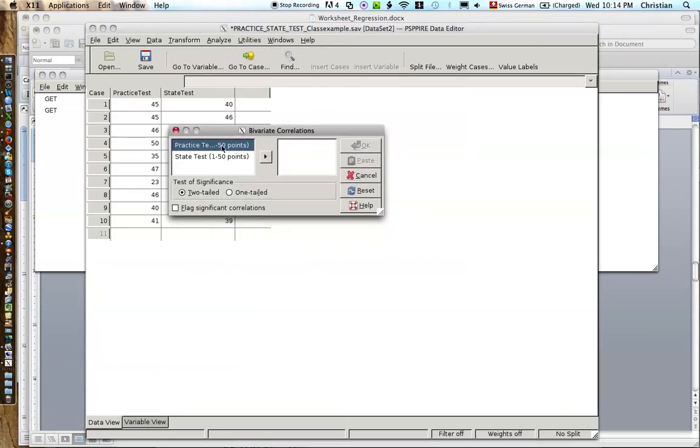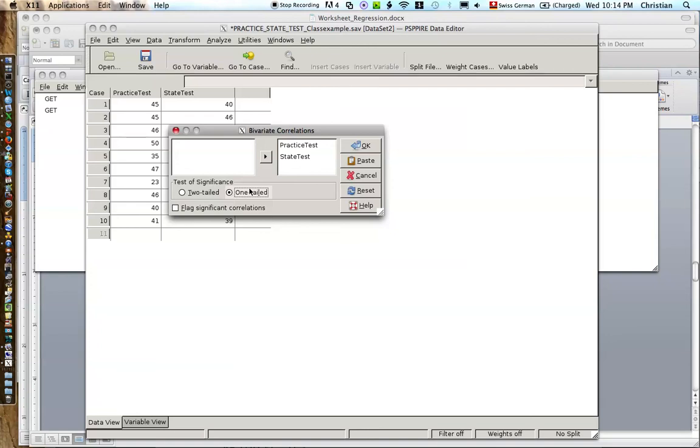and we choose practice test and state test. Here you can choose if you want to do a two-tailed or a one-tailed test of significance. So if you think there's a positive correlation or if you think there's a negative correlation, then you can do a one-tailed test.